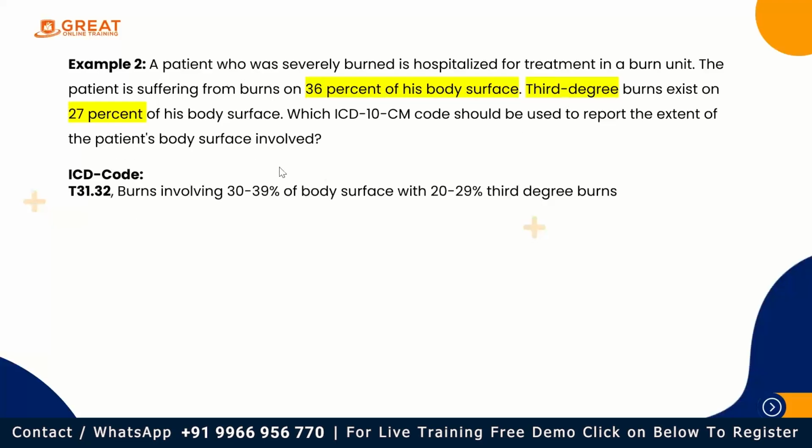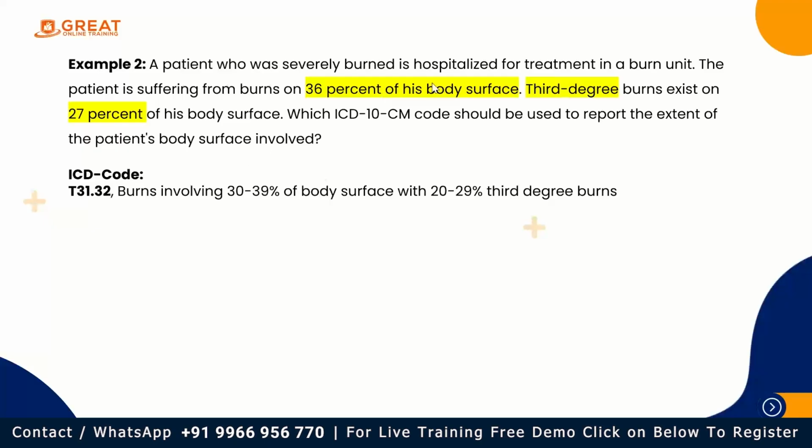So in such cases, we have to use only the T31 code, T31 or T32, because the area is not given here. Anatomical site is not mentioned.